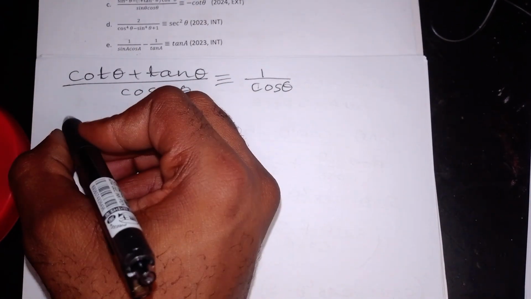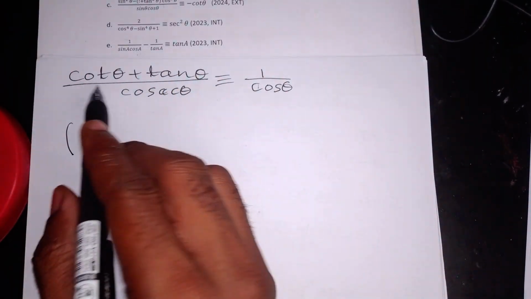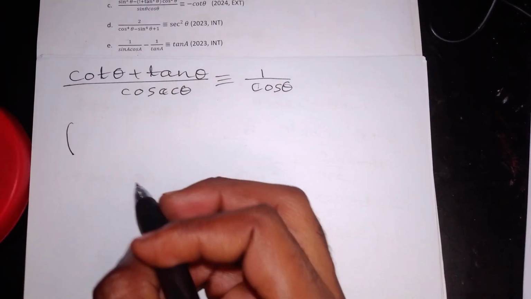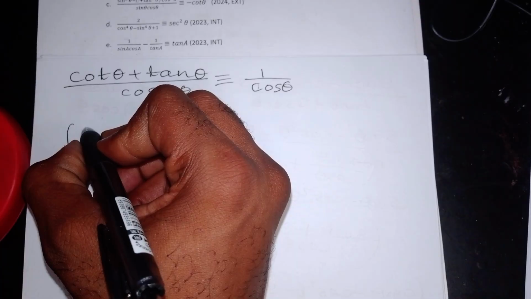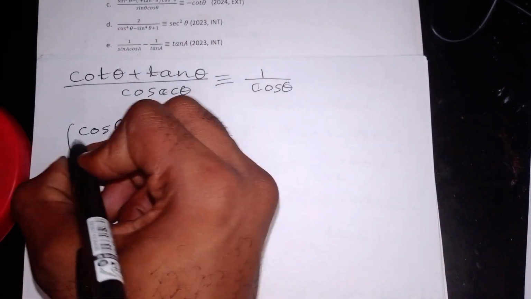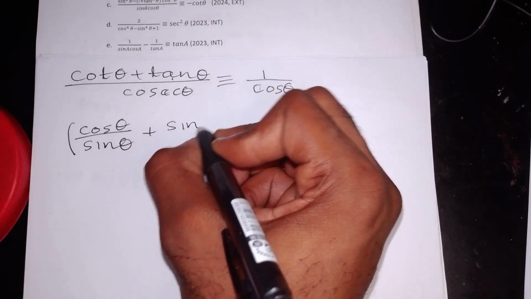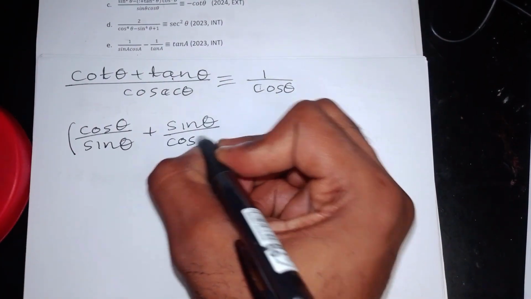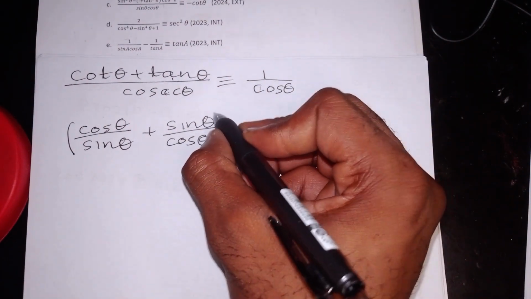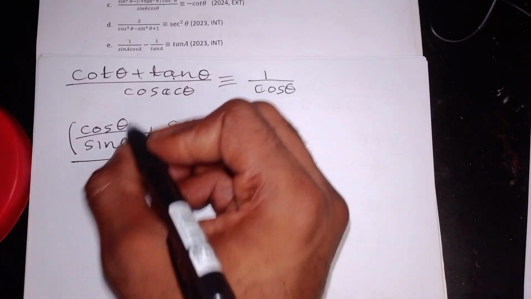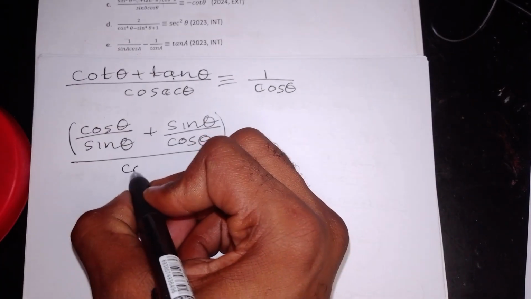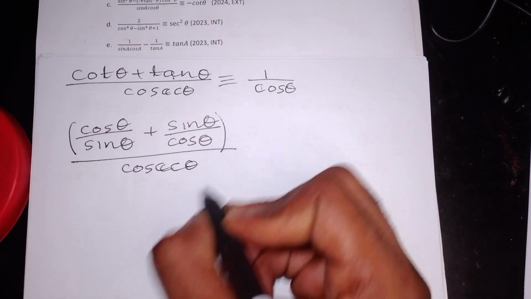So remember, cot is, brackets are very important here. So cot is cos theta over sine theta. Tan is sine theta over cos theta. And then this is being divided by cosec theta.